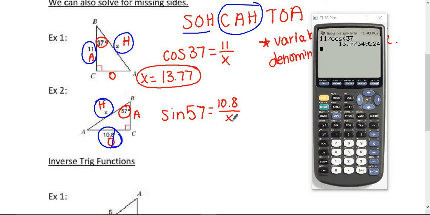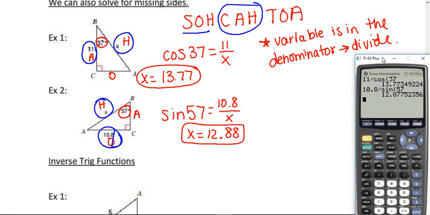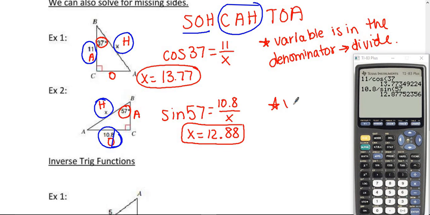So again, our variable's on the denominator, so we will divide by the sine of 57. And let's round to the hundredths place again. So x equals 12.88.